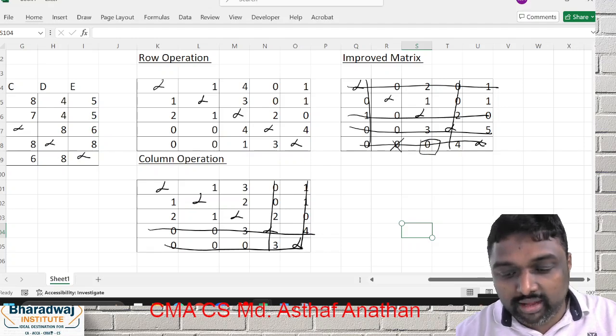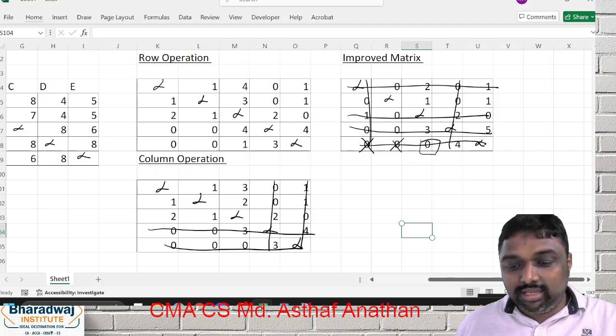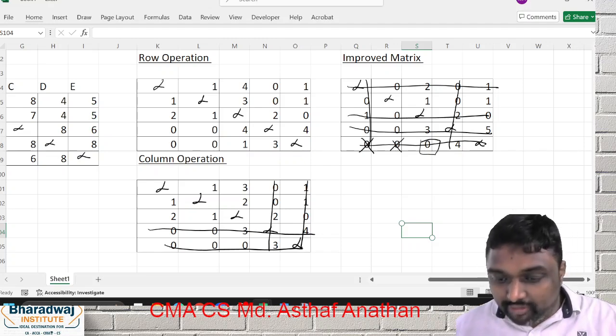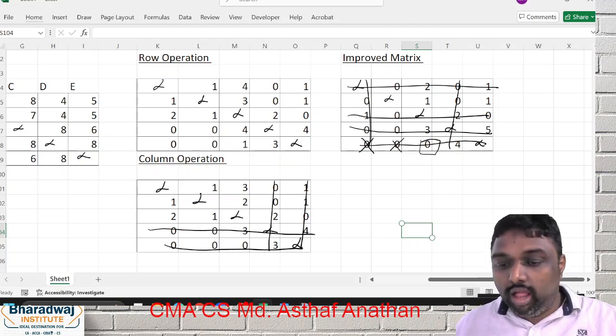This both will get cancelled. Am I correct? Once this both get cancelled, now again you have to start the allocation row wise for single zero. Now is there any? Fifth column, we have a single zero.